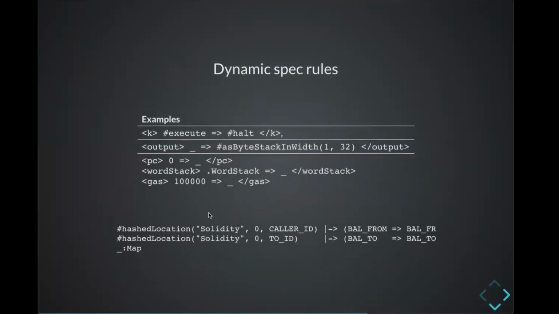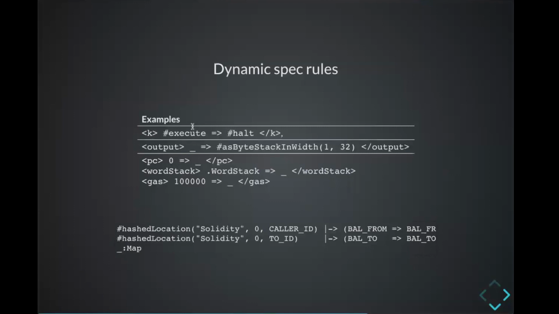The most popular or the most interesting spec rules are dynamic ones. So, for example, in the K cell, oh, by the way, I should mention, remember how in IMP we put the entire program in the K cell? In KEVM, it works differently.